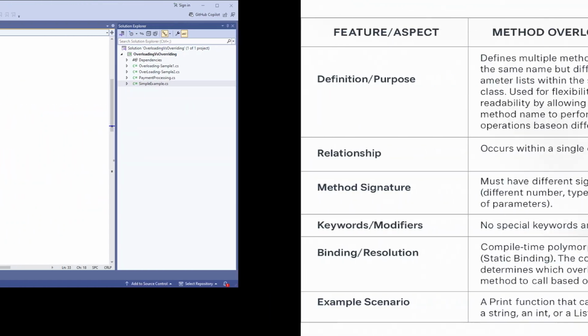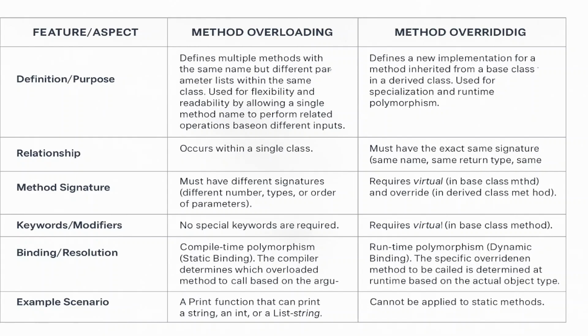Now let's take a quick side by side comparison before we wrap up this episode. In method overloading, you define multiple methods and your signatures are different. In overriding, you actually define a new implementation. You don't define a different method. You have the same method, but you write a different implementation, different logic or code, than in your base class.